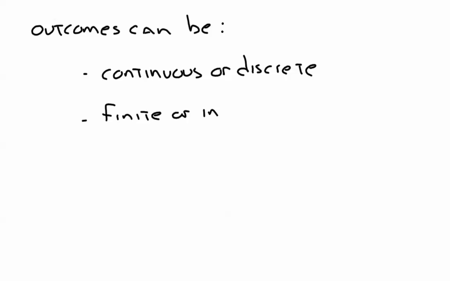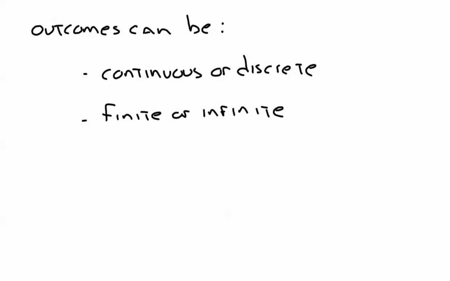All right. Before moving on, I want to make one other comment, that outcomes can be continuous or discrete. And they can also be finite or infinite. All right, outcomes can be continuous or discrete, or they can be finite or infinite.